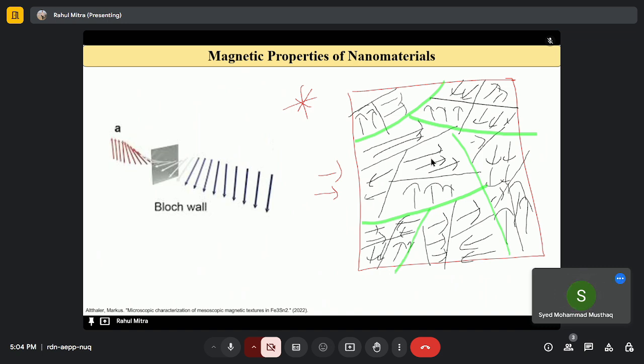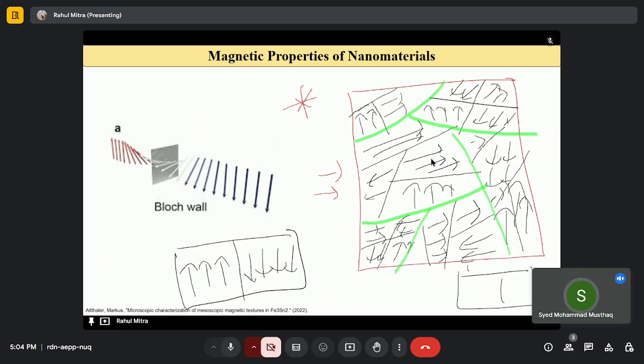Now for example, if I take two domains, how are the spins going to change from one domain to another, just like the case in a grain. Suppose inside a grain the atoms are arranged in a certain direction. For example, if I take two grains, this is grain 1 and grain 2.